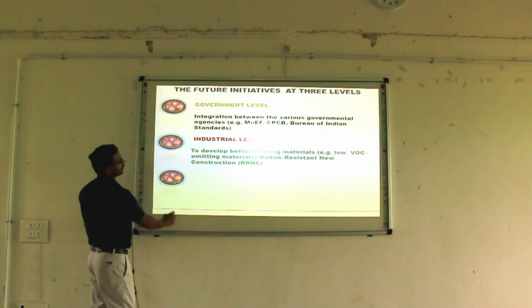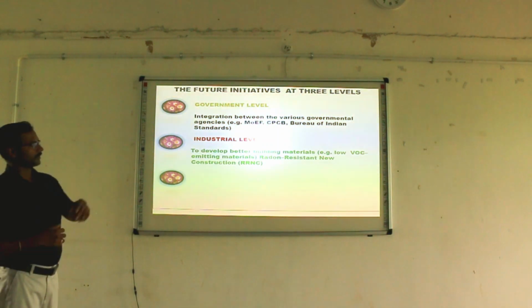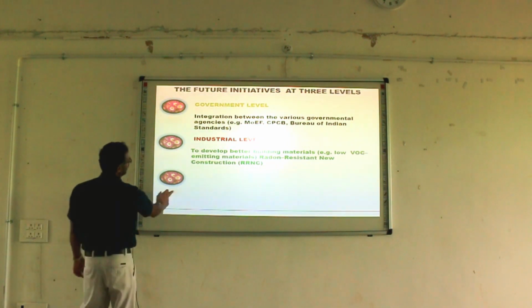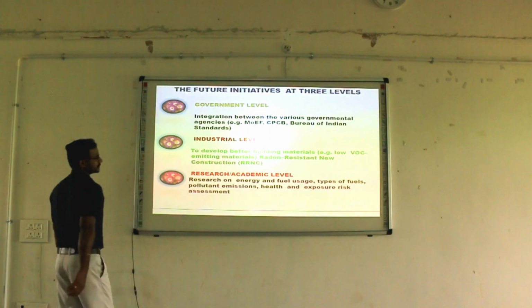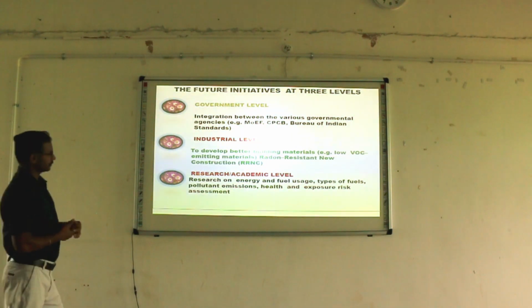Then the industrial level: develop better building materials, low volatile organic compound emitting materials, and radon-resistant new construction materials. Then the academic level: research on energy and fuel usage, types of fuels, pollutant emissions, health and exposure risk assessment.